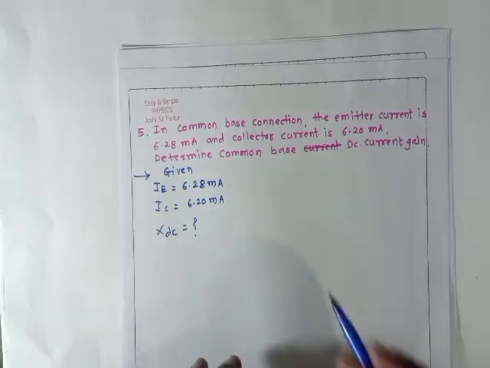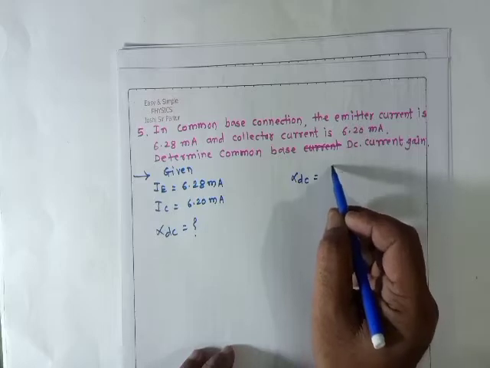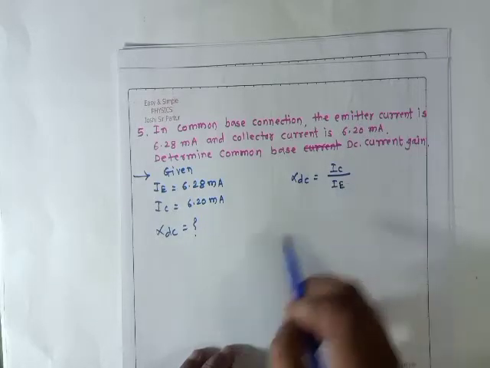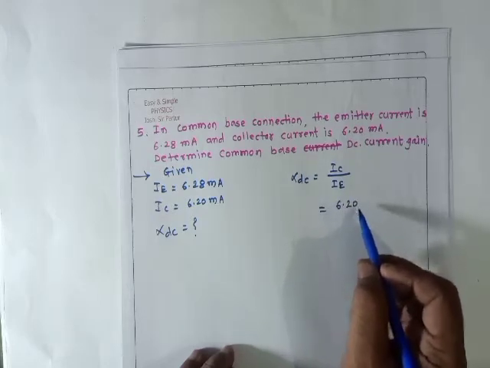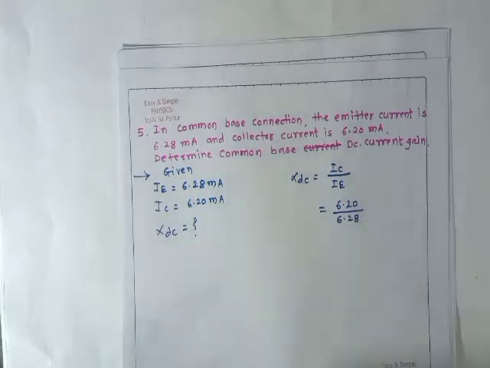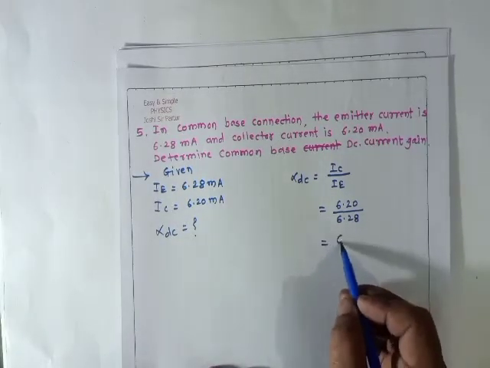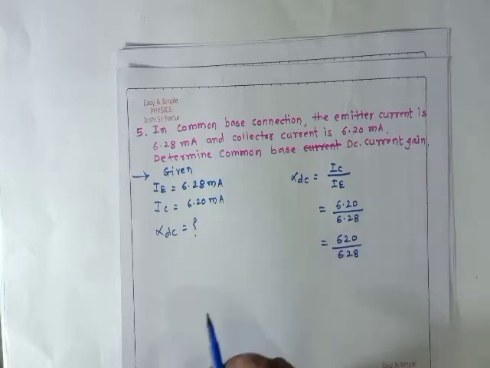Here we can use the formula alpha DC, that will be collector current upon emitter current. It will be 6.20 upon 6.28. What happened? It will also say 620 upon 628.